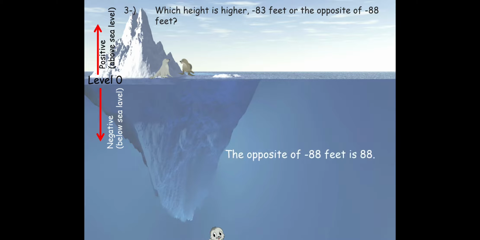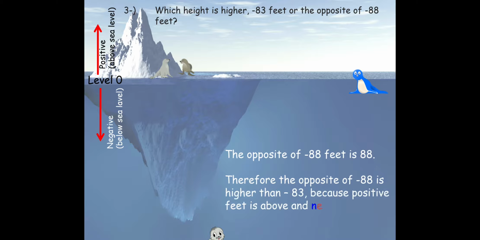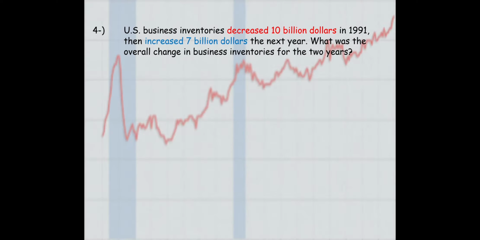Now, the opposite of negative 88 feet is positive 88. And we know for sure positive is more than negative, and positive is higher than negative. Therefore, the opposite of negative 88 is higher than negative 83 because positive feet is above and negative feet is below. As we said, to the left.